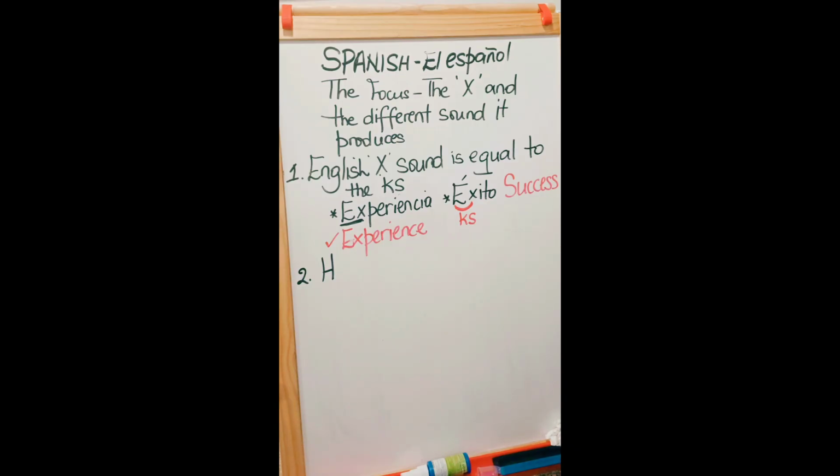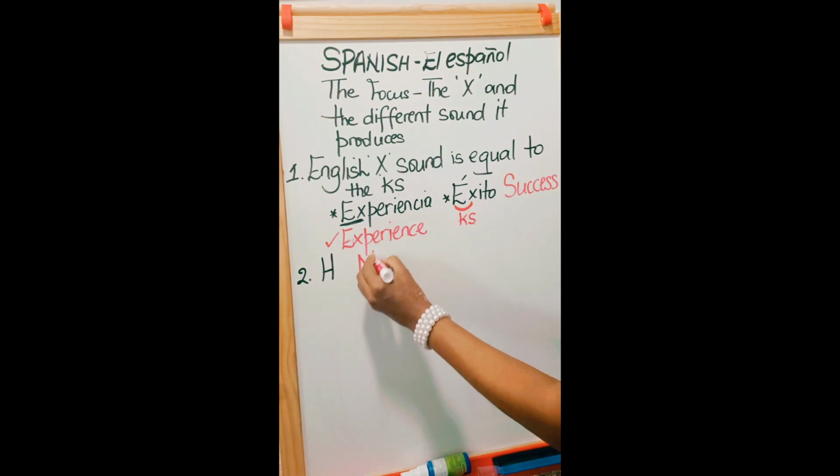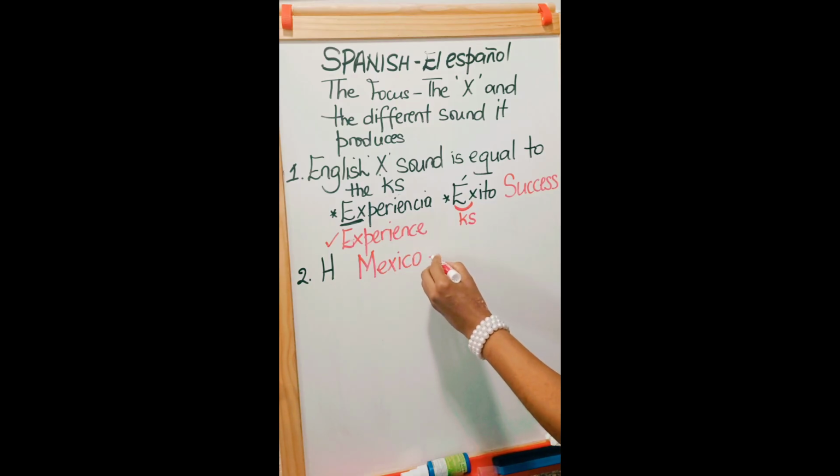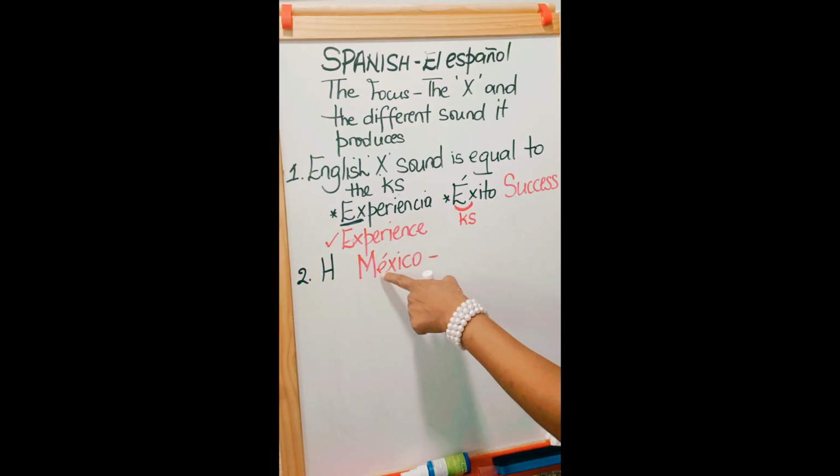And so these are some of the words that carry the H sound. For example, I'm going to write it with the red marker, Mexico, which is pronounced as Mexico, and the accent is over the E, right?